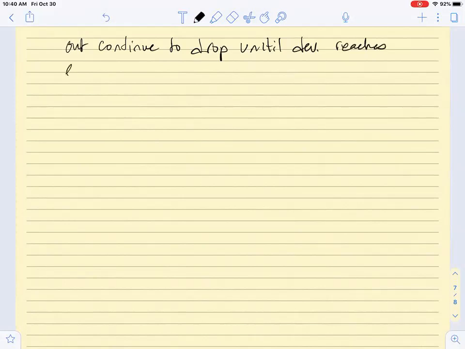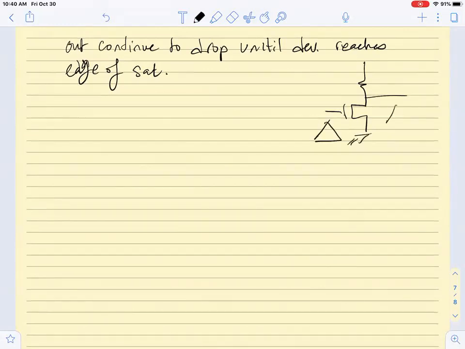Okay, so let us think of it logically. This is a little bit complex, I know, but let us try to make it a little bit clearer. So the output will continue to drop until the device reaches the edge of saturation. Okay, meaning if I have the transistor with a resistor and the input keeps increasing and the output starts to decrease, I'm going to reach the edge of saturation.